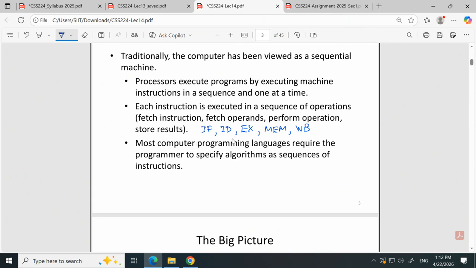Instruction decode decodes the fetched instructions and gets the required operands, maybe 1 operand, 2 operands, 3. Execute: the ALU executes the instruction. Memory: if the instruction also needs to access memory, read or write, it needs the MEM stage. Write back is the last stage, to write the obtained result to a register.